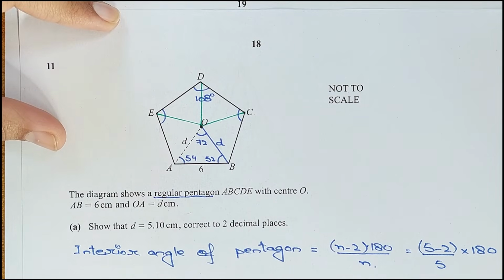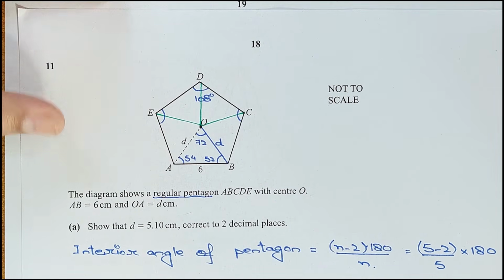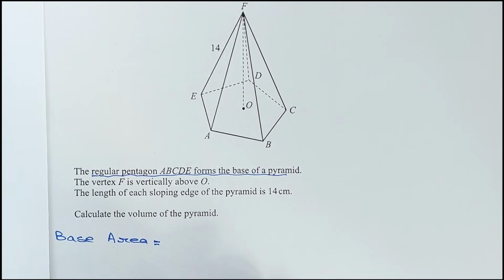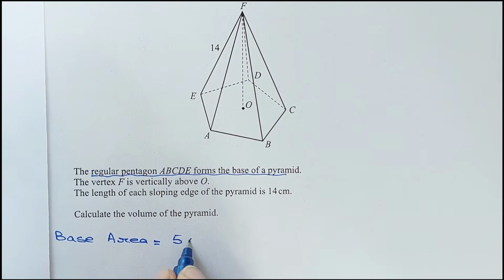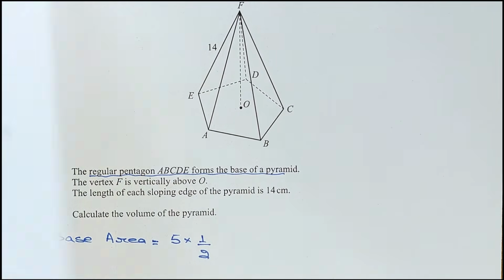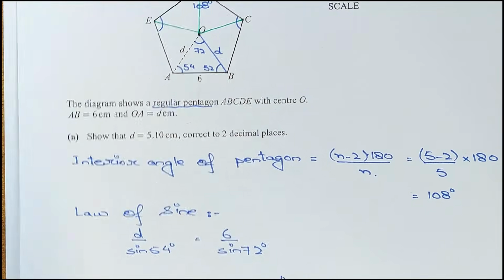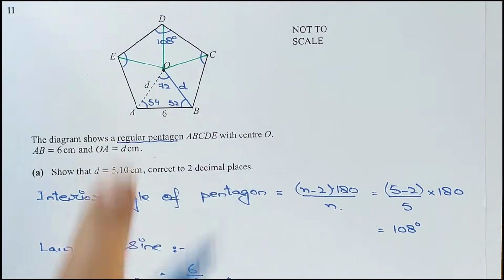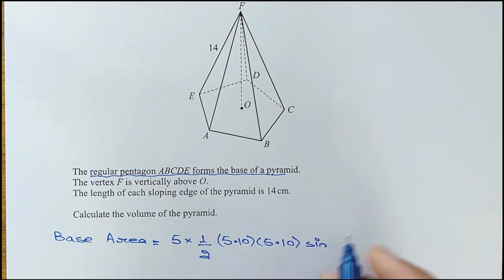We have to find the area of 5 triangles, half the 2 sides and the sine of the angle between them. So base area is 5 times the area of a triangle, which is half, right? The 2 sides we can say D and D. We can take D as 5.10 times 5.10, and the sine of the angle between them is 72.